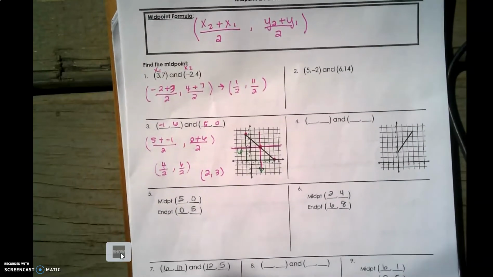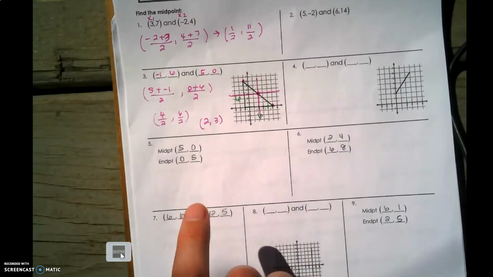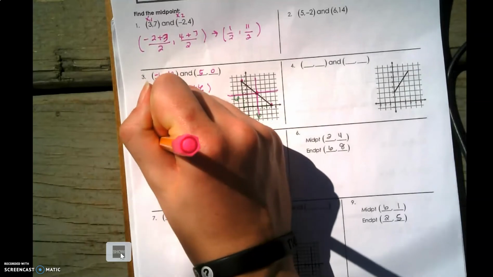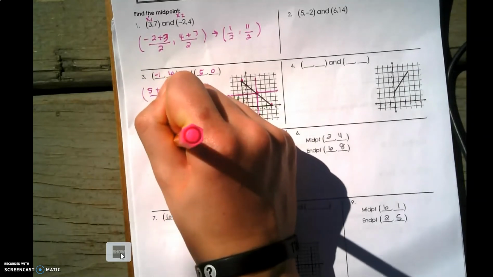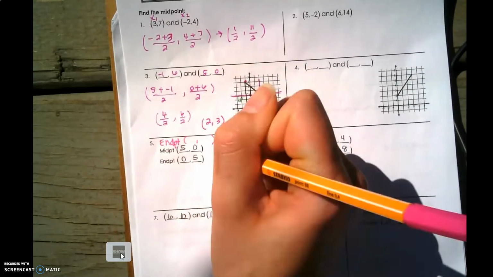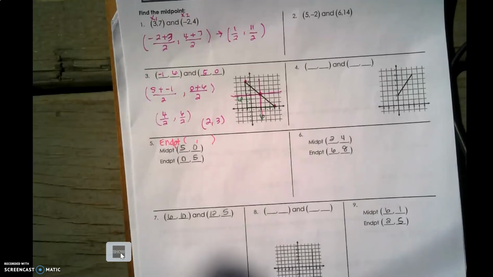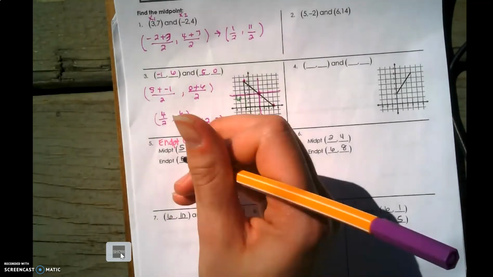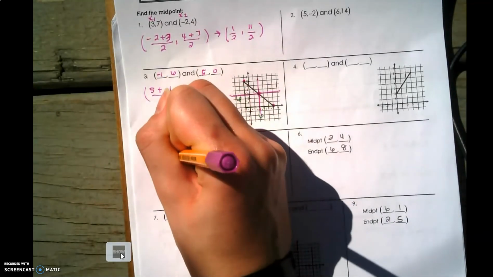What if I give you a midpoint and an end point, and I'm asking you to find the other end point? So the way that I would solve this is I would look for a pattern. So for example, I go from 0 to 5, so I had to add 5.